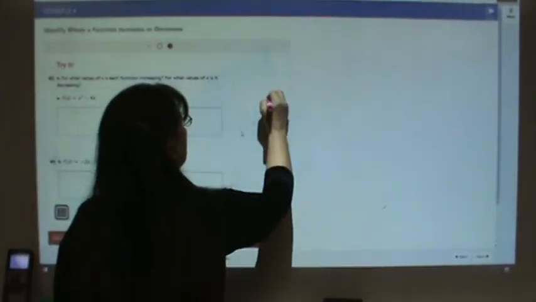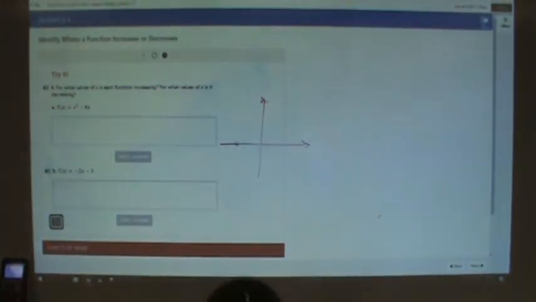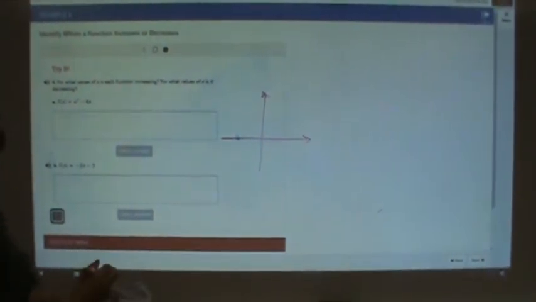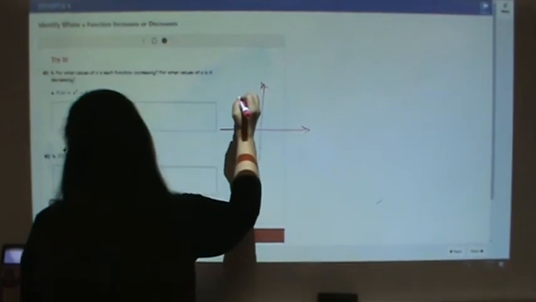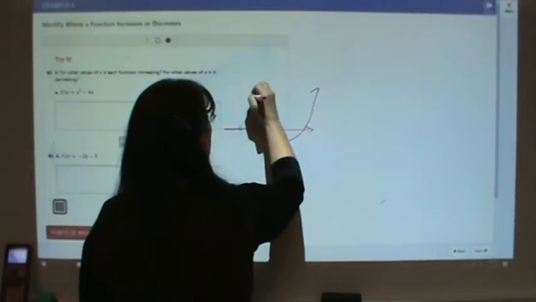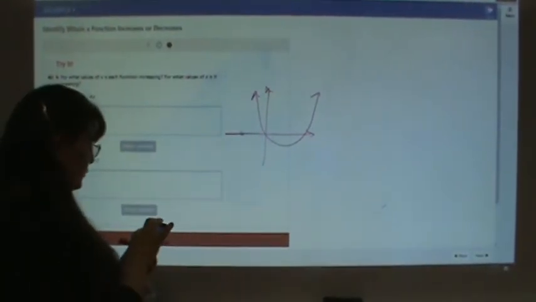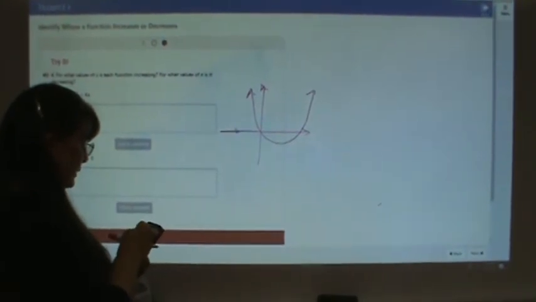All right, x squared minus 4x is a parabola. If you have your graphing calculator, you'll know that the graph looks something like that. And it comes down here to 2, negative 4.